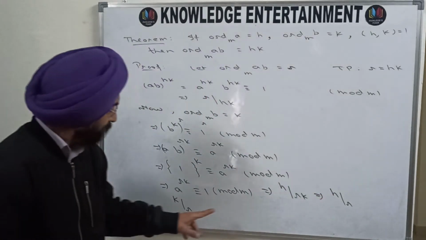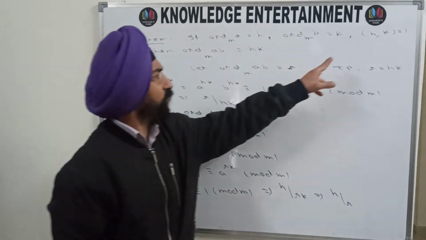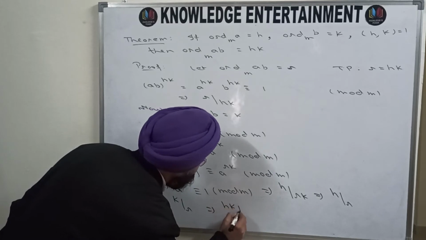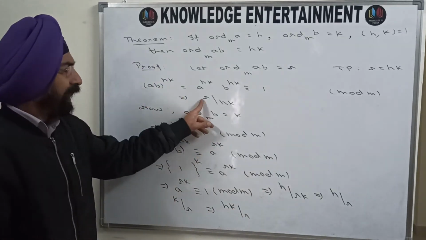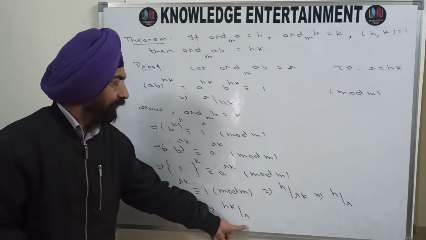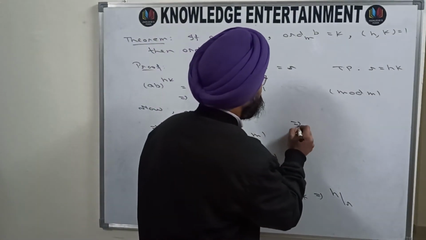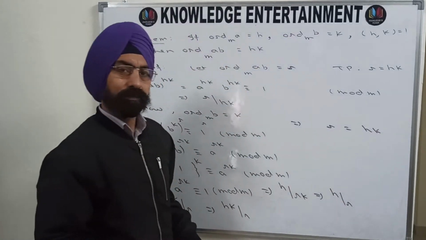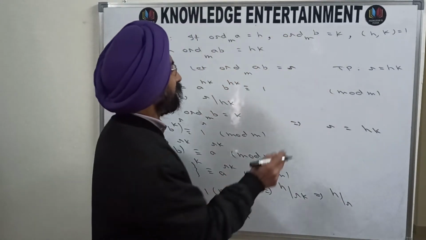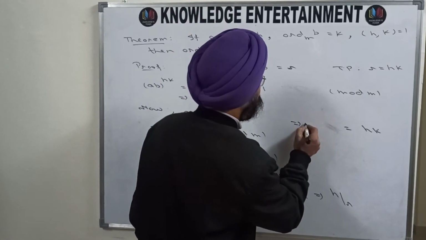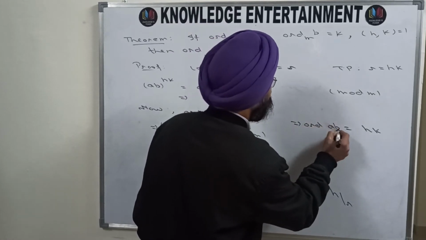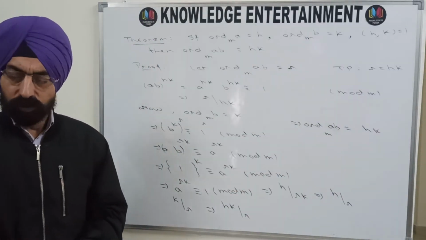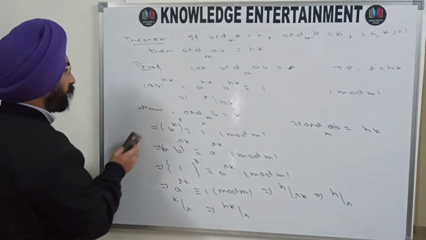Now h divides r, k divides r, and GCD of h and k is 1, so their product hk divides r. r divides hk, hk divides r, this gives r is equal to hk. But what is r? You had taken r as order of ab modulo m, so order of ab modulo m is hk, and that is what was required to be proved.